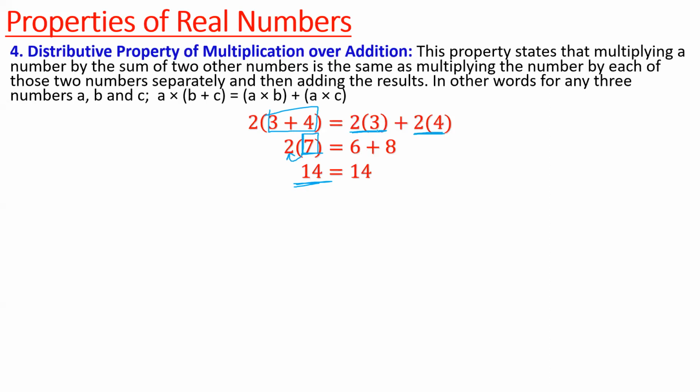What is 2 multiplied by 3? That's going to be 6. What is 2 multiplied by 4? That's going to be 8. And so if we add the 6 plus 8, we get 14. So both ways work. You could add first, then multiply, or you could multiply first and then add. And you still get the same answer with this property called the distributive property.